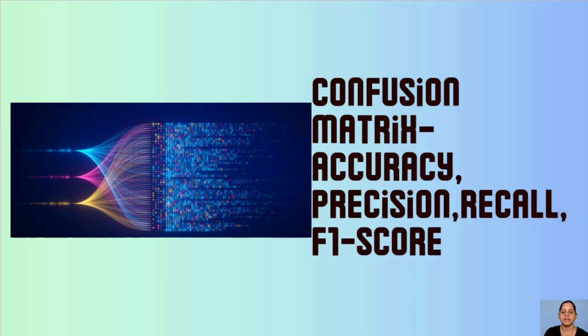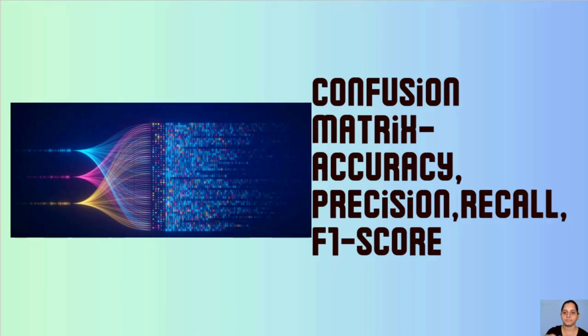So here I am going to cover all the evaluation metrics which are responsible for comparing different classification models, or understanding how the model predicted. All those things the evaluation metrics are going to tell you.